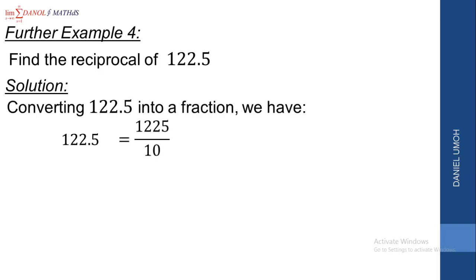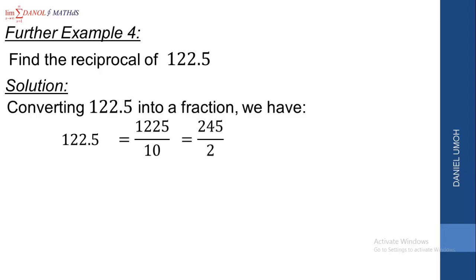1225 all over 10. Of course, if you divide that with your calculator, 1225 over 10 will give you 122.5. Having converted that, we still encourage you, if you're having difficulties in conversion, go back to our lectures on decimals. Okay, so having converted that, we have 1225 over 10, sorry.